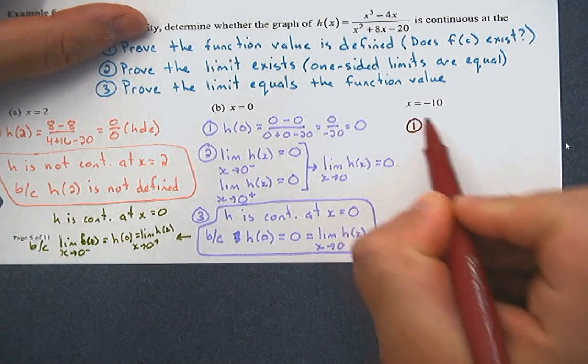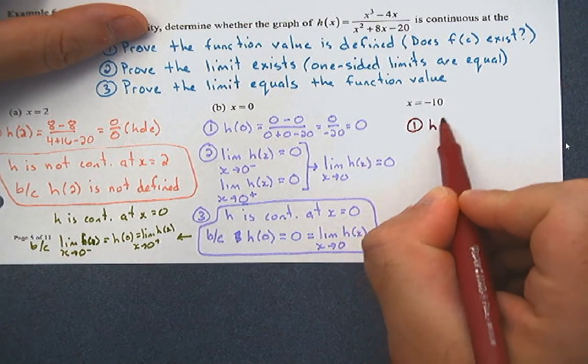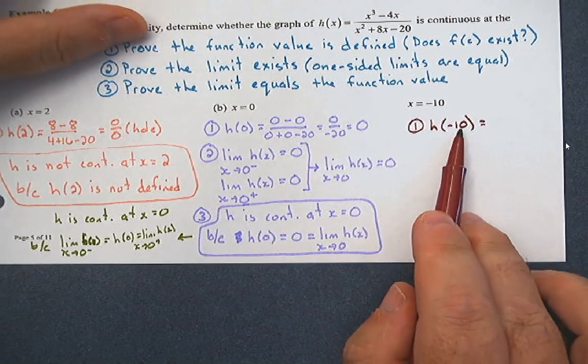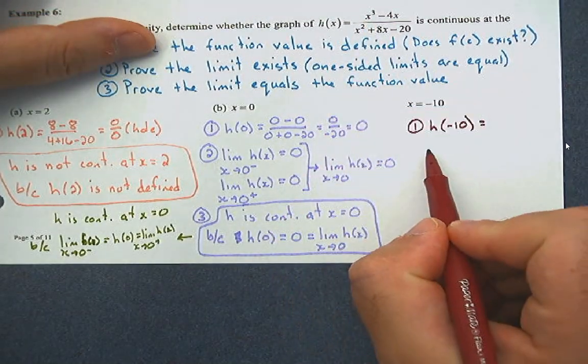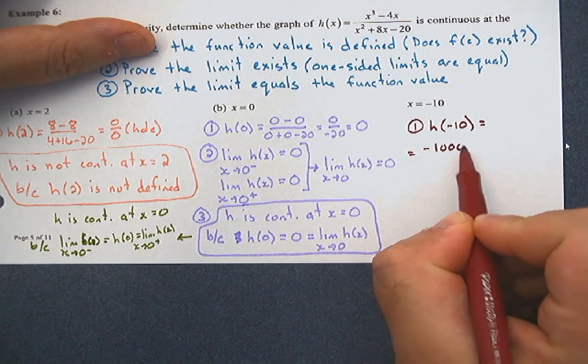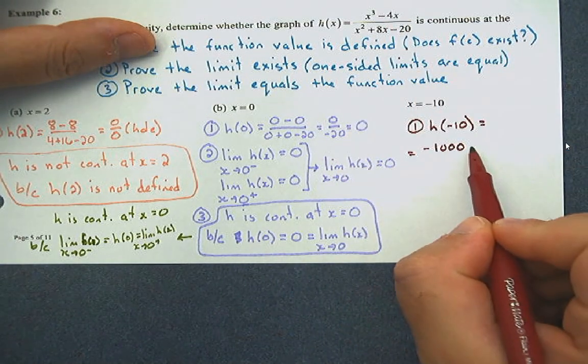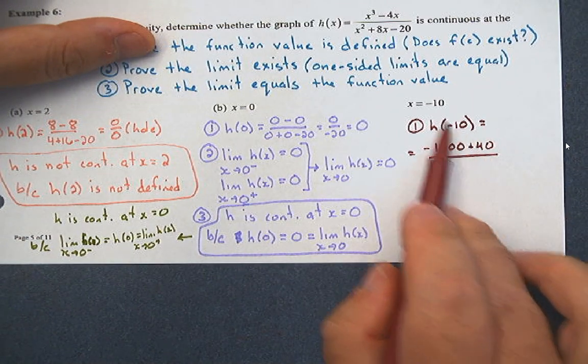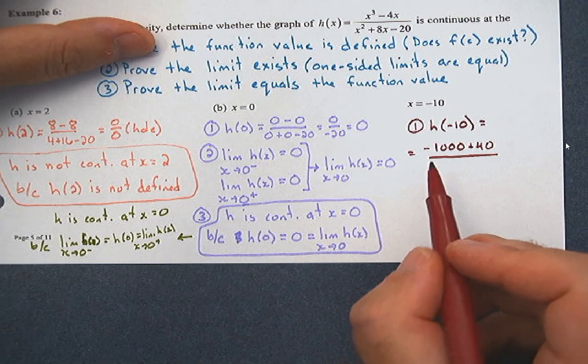Let's try it again for x equals negative 10. Number one, I need to figure out if h of negative 10 exists. So negative 10 cubed would be negative 1,000. Negative 10 times negative 4 is positive 40. Over negative 10 squared is 100.